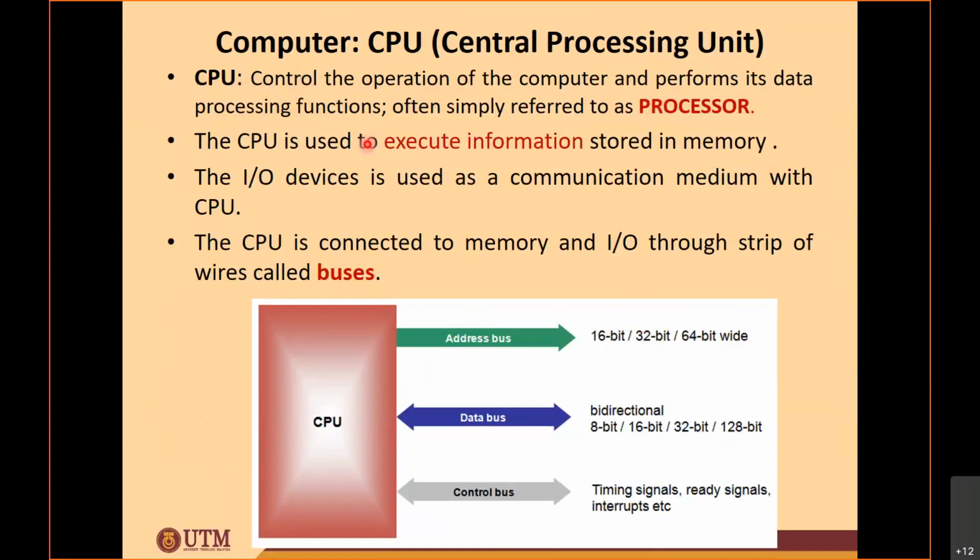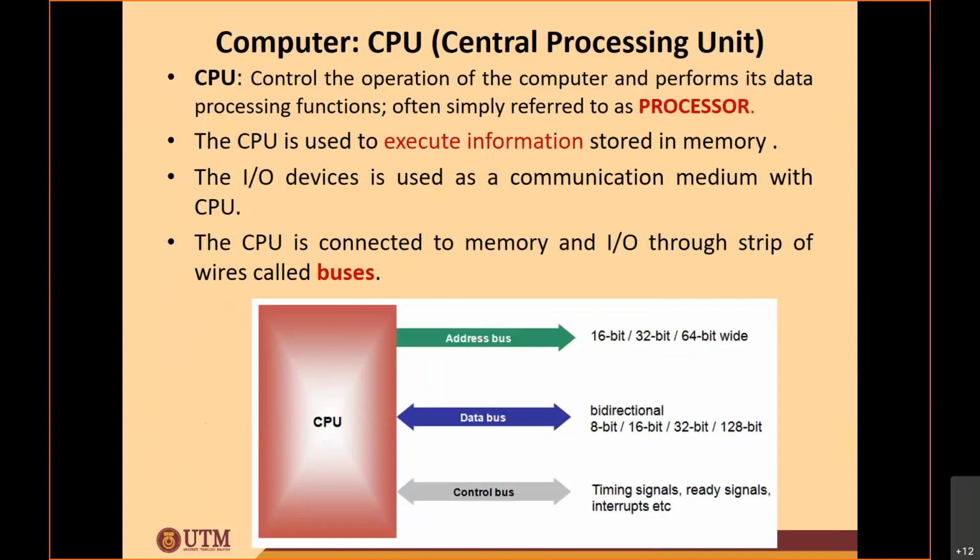So CPU ni dia punya brain lah, the brain of our computer, di mana dia gunakan untuk control operation, untuk buat data processing, untuk buat logical function, and etc. The CPU is used to execute information stored in memory. Setiap information that is stored in memory will be executed by CPU. Execute information ni kita panggil dia sebagai data processing.